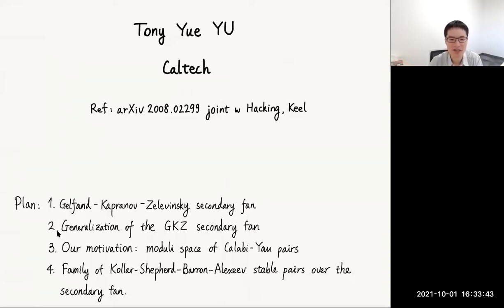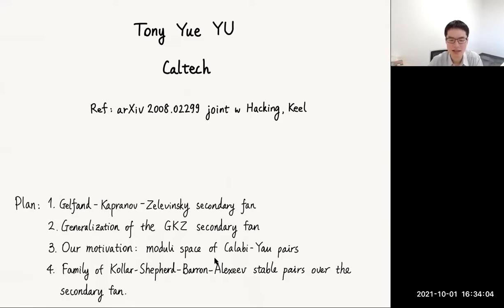And then I will explain our generalization of the GKZ secondary fan. And after that, I will explain what our motivations were. Our motivations came from the study of the moduli space of Calabi-Yau pairs.